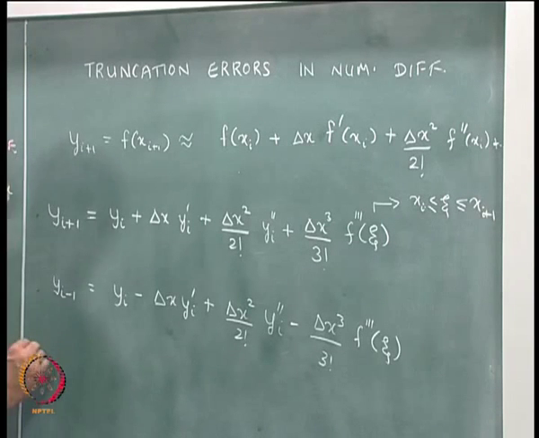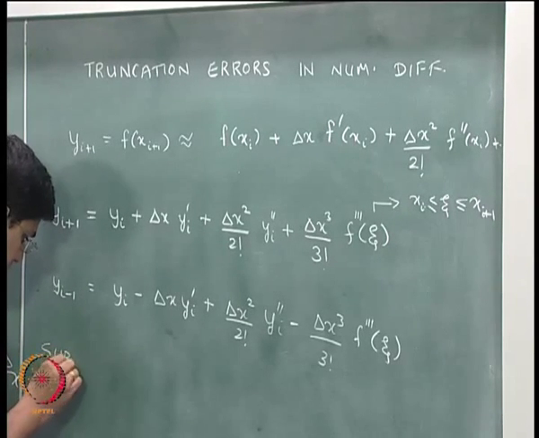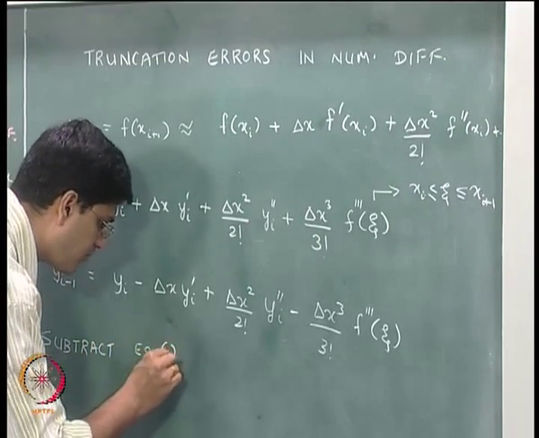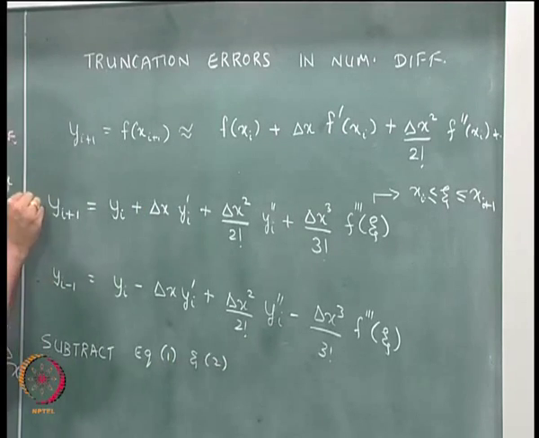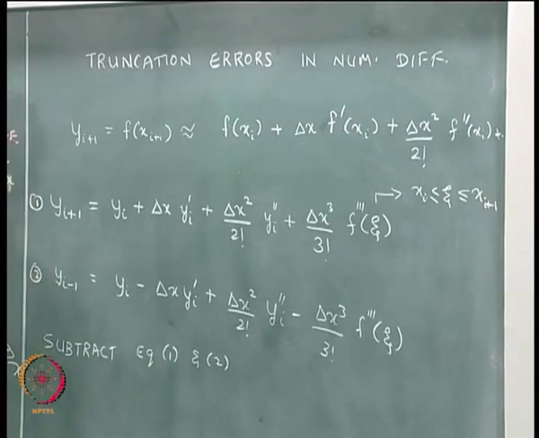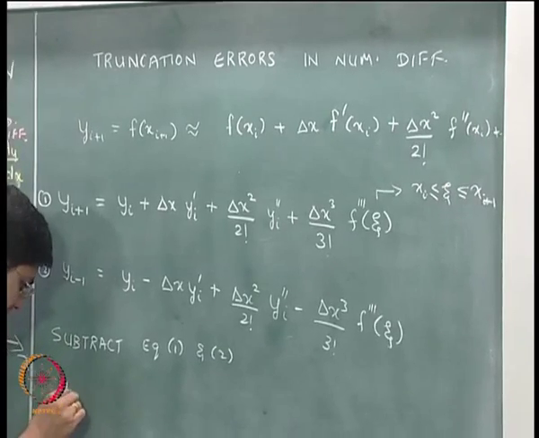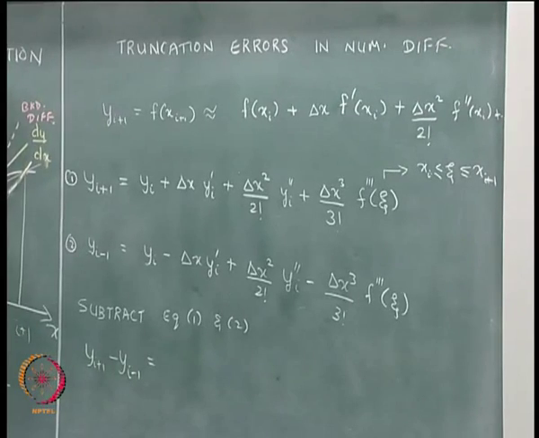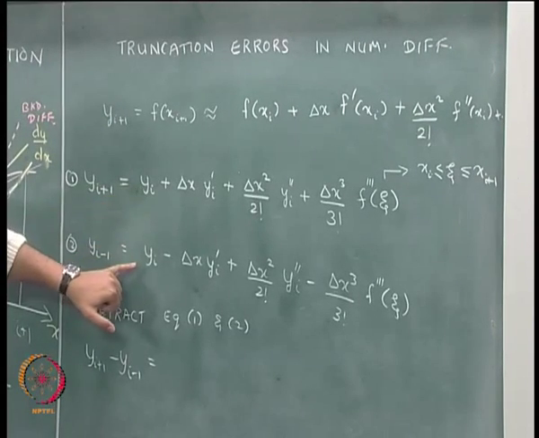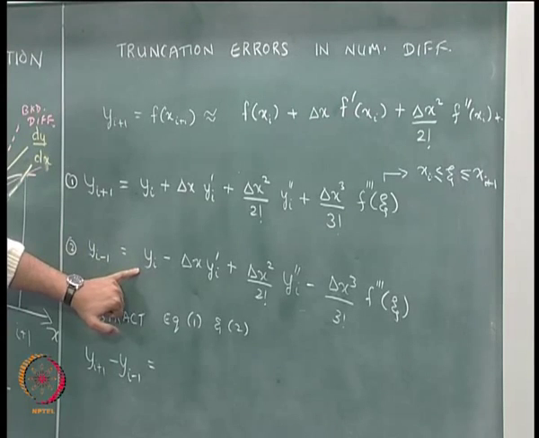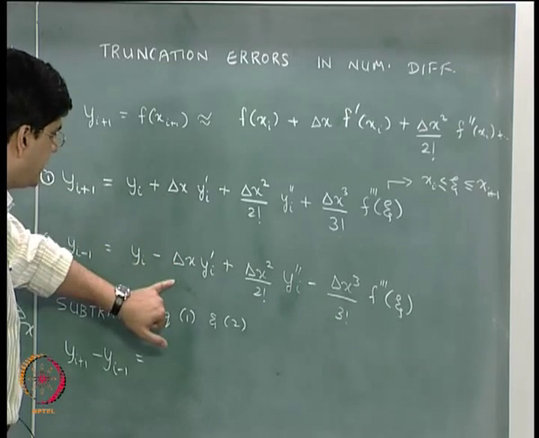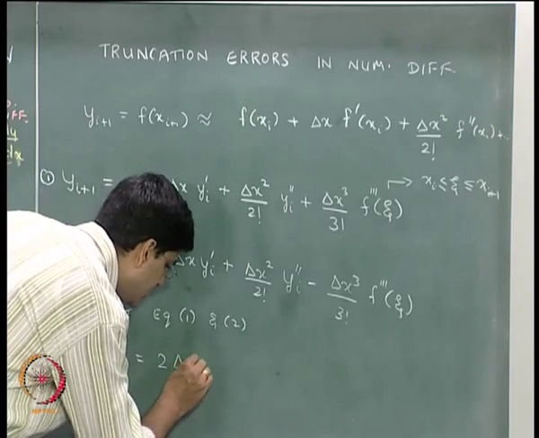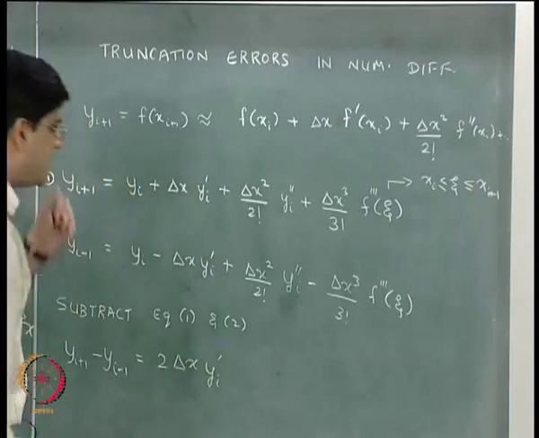If we subtract these two equations, we will get y i plus 1 minus y i minus 1 equal to, y i will get cancelled, delta x plus delta x multiplied by y dash. So it is going to be 2 times delta x multiplied by y i dash.